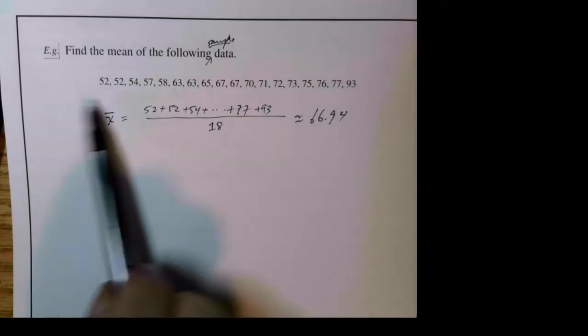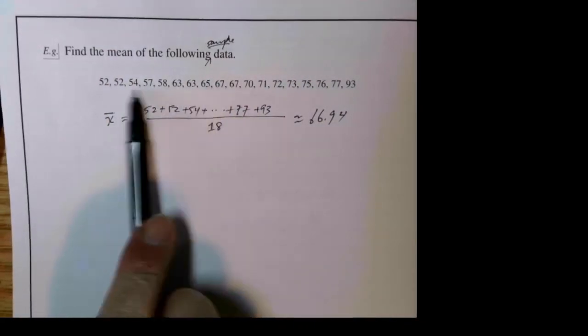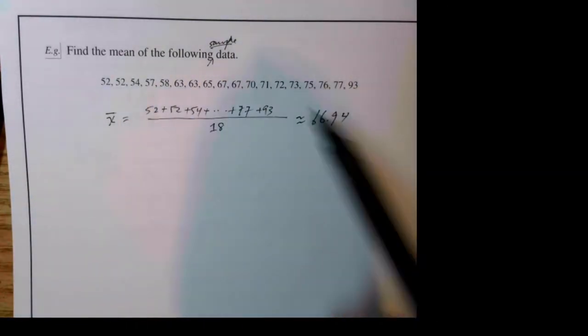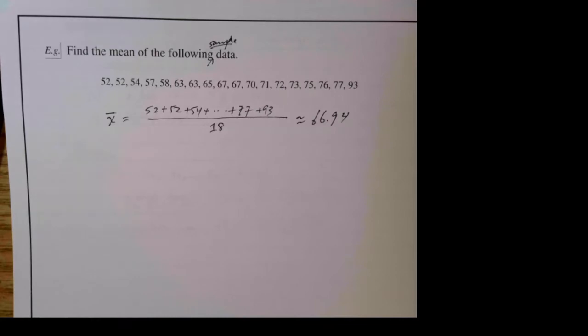And as you can see, 66.94 is a pretty good, generally representative value. If you plotted these points on a number line, 66.94 would be in some sense right near the middle.